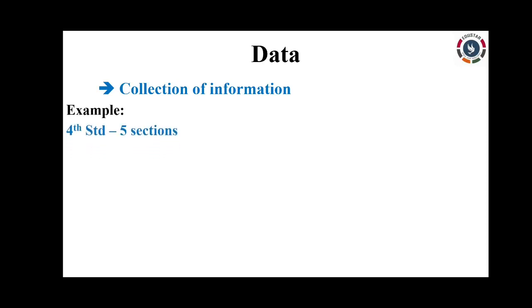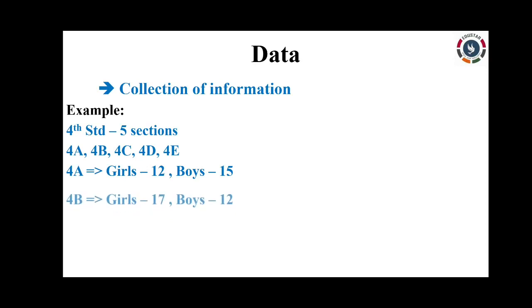In 4th standard, 5 sections are there: 4A, 4B, 4C, 4D and 4E. In each section, how many boys and girls are there? A section, 12 girls and 15 boys. B section, 17 girls and 12 boys.